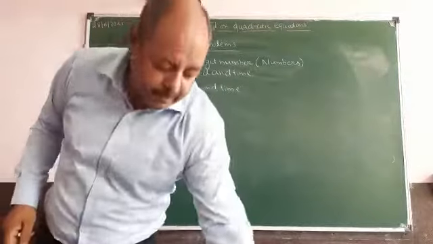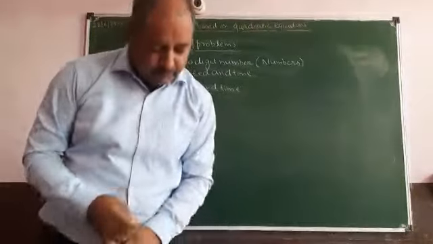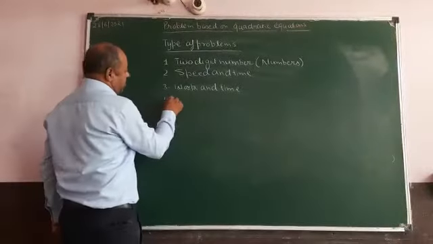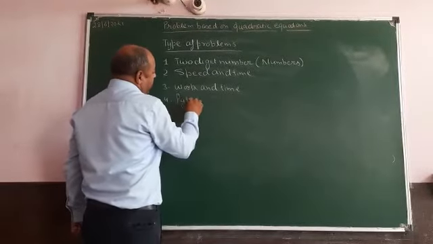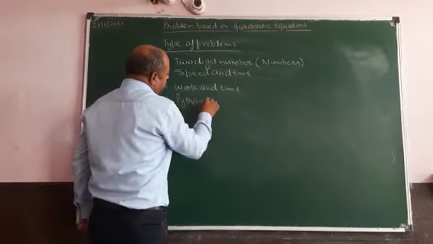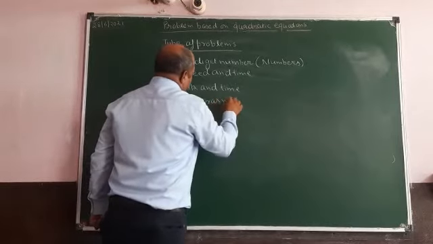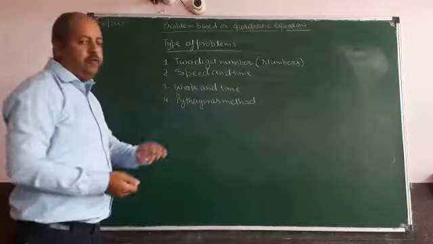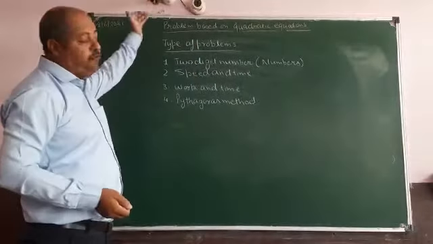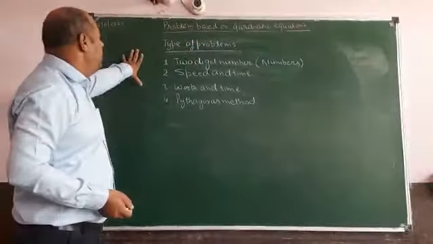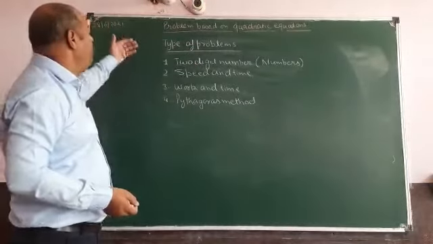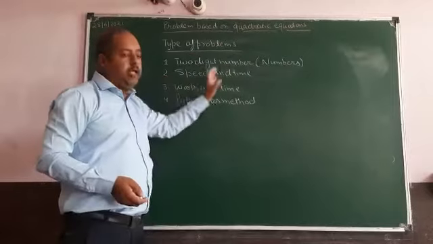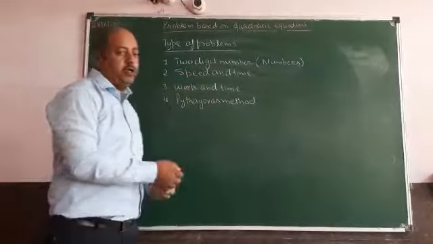And other problems are also there, like Pythagoras theorem. So this is again one Pythagoras method that we have to use. So these are mainly four types of problems that we will focus on: two-digit numbers, speed and time, work and time, Pythagoras theorem.